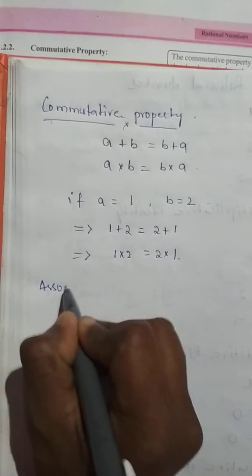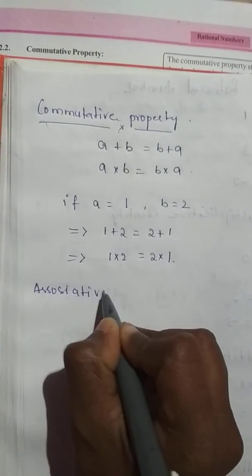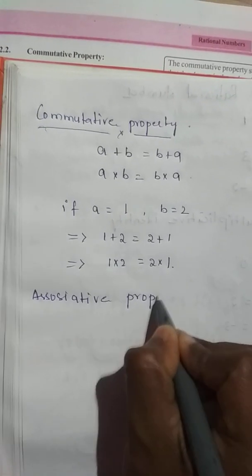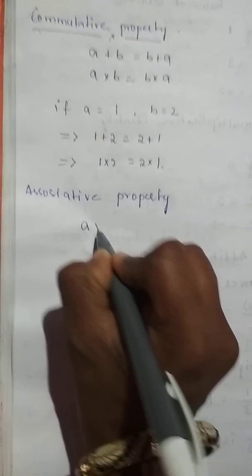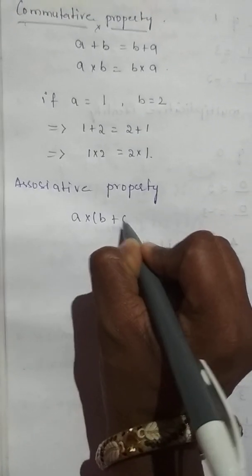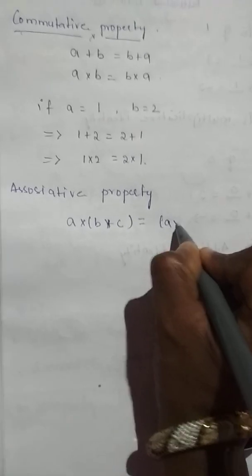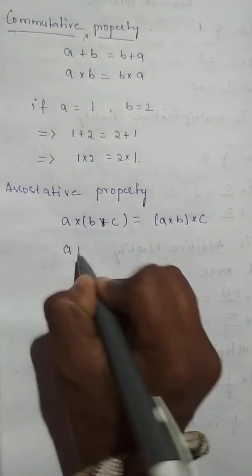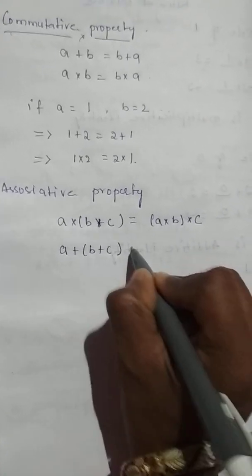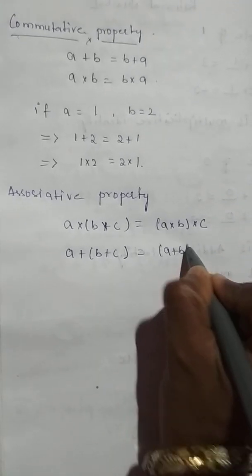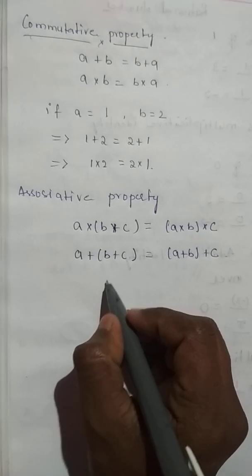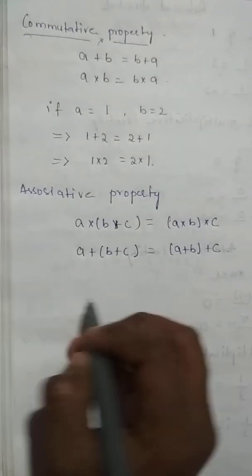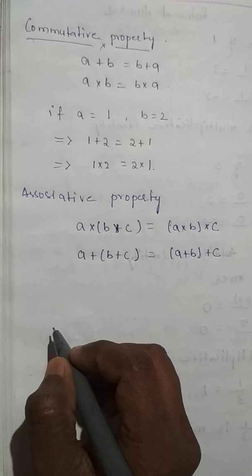Now, associative property. Associative property is nothing but a into b into c is the same as a into b into c with different grouping, with respect to multiplication. With respect to plus, a plus b plus c is equal to a plus b plus c with different grouping. Here we will be taking three terms.